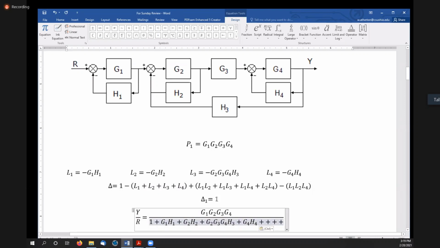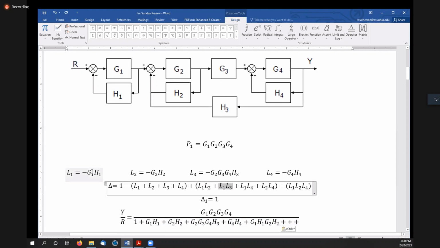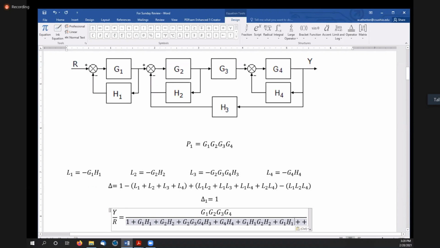So those go starting here, loop 1, loop 2, and then I've got loop 1, loop 3, so I need one of these. And loop 3. And that takes care of this term.